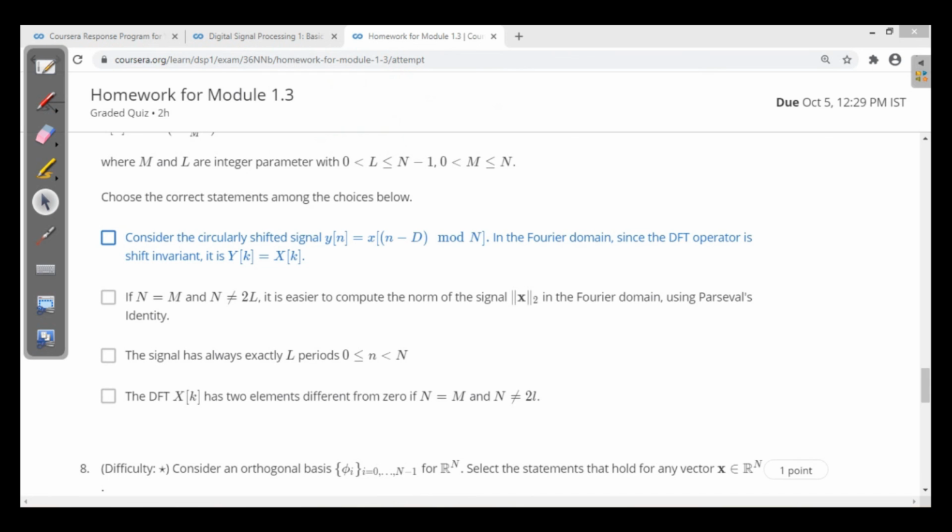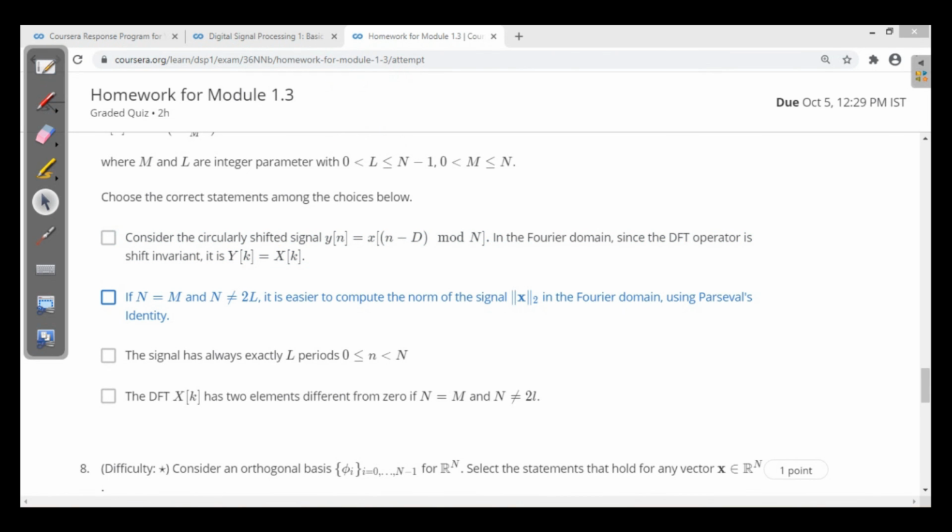So the Fourier transform of x of n minus d circular shifted, its value is x of k into e power minus j 2 pi k d by capital N. So the y of k value should be x of k into e power minus j 2 pi k d by N, but here both are equal, so the first one is wrong.